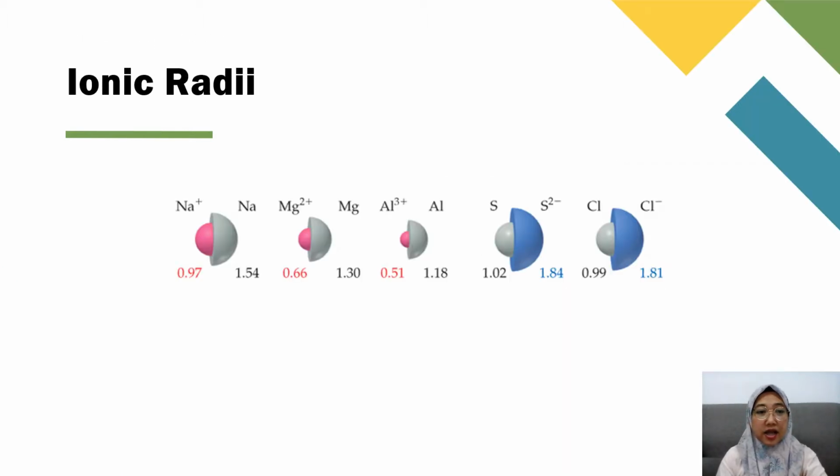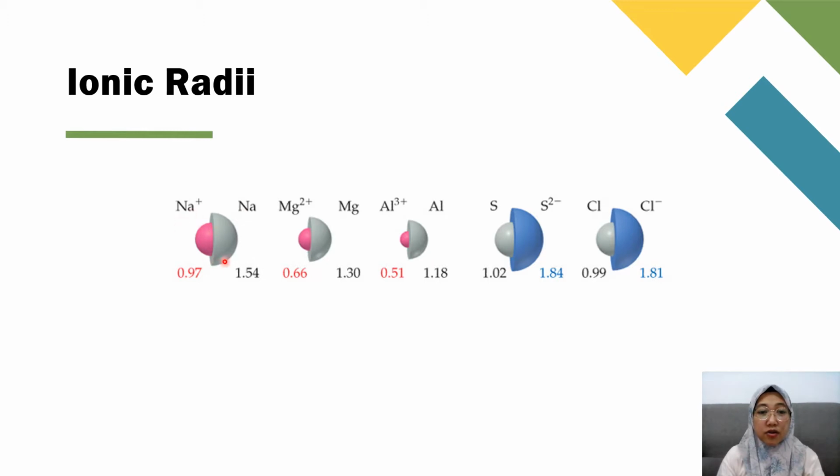Okay, next ionic radii. Okay, dekat sini kita ada sodium, magnesium, aluminium, sulfur, and chlorine. Okay, this is some example element in period 3. Okay, so here the pink color is sodium ion, and beside that is sodium atom.